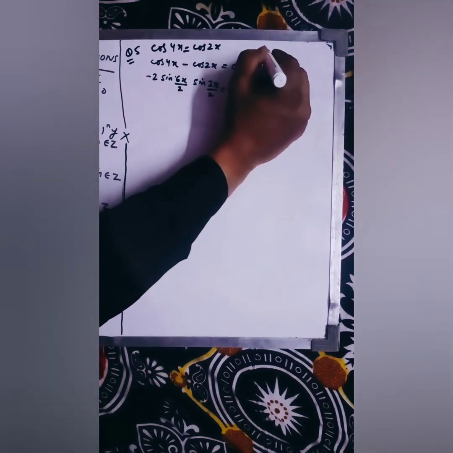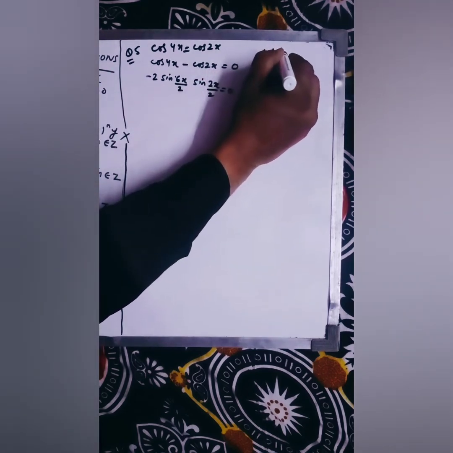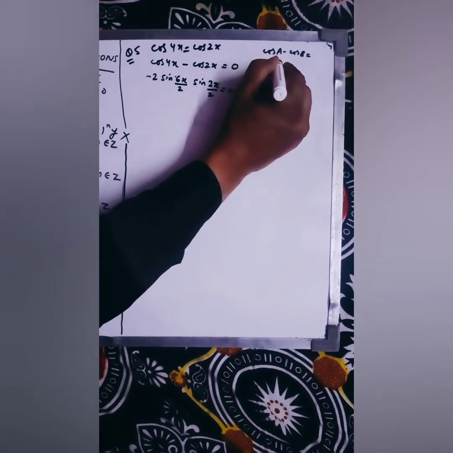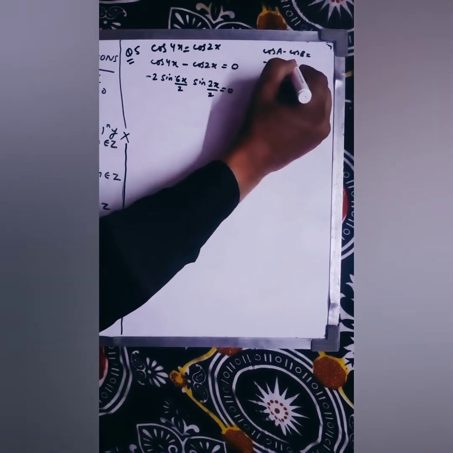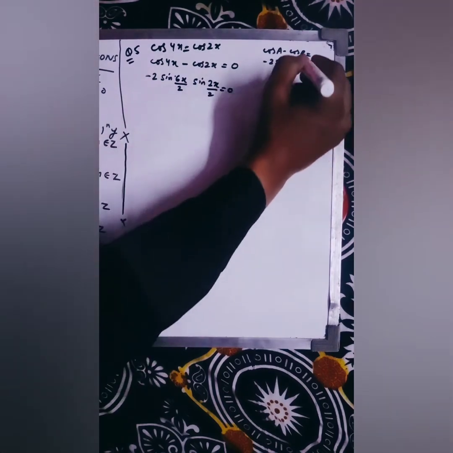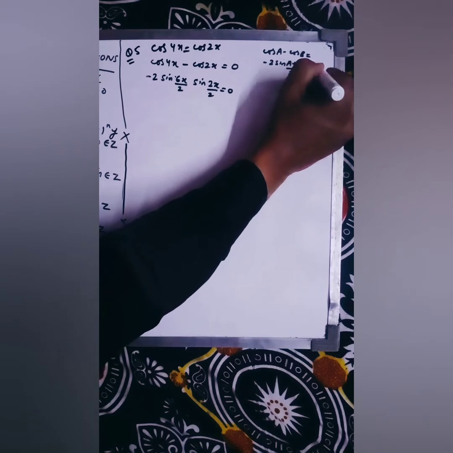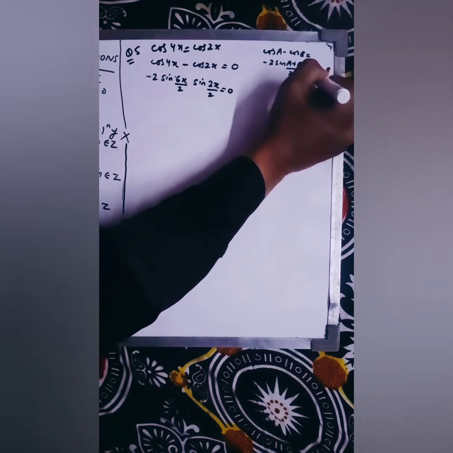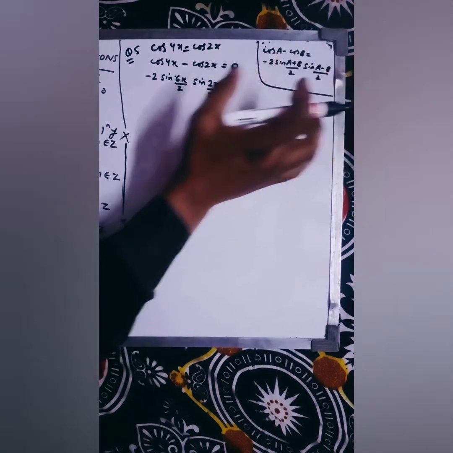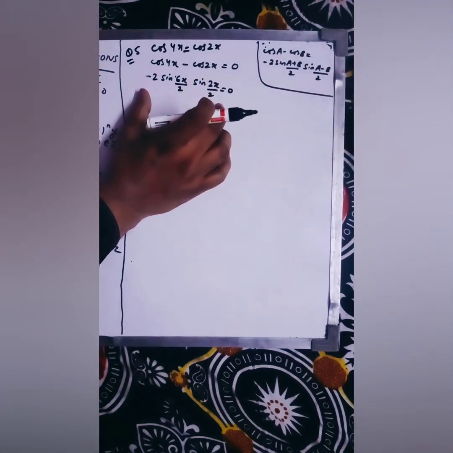Here I am writing the general formula: cos a minus cos b is equal to minus 2 sin (a plus b) by 2 times sin (a minus b) by 2. This is the general formula which I have applied here.